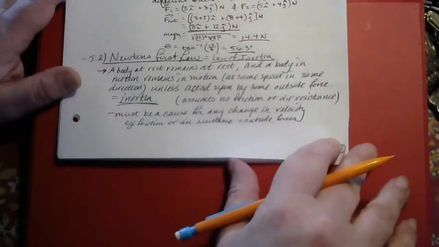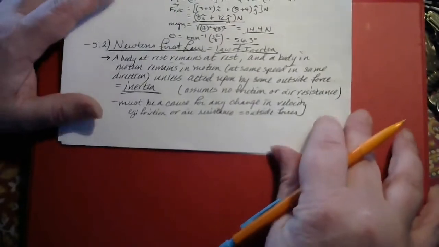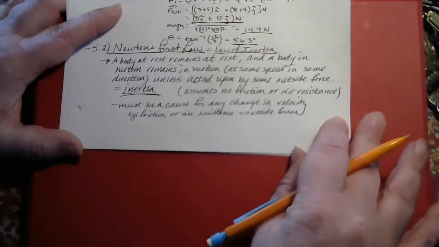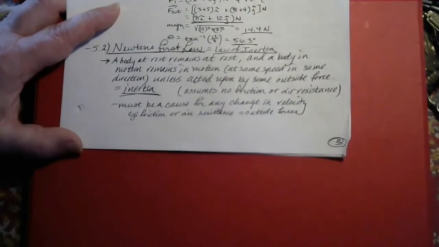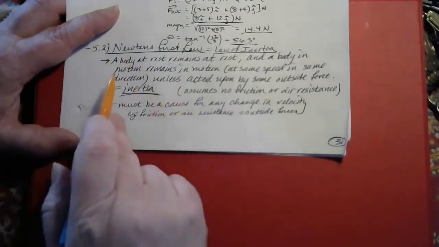And inertia is just that, in terms of motion anyway, things like to stay the way they are. If things are moving, they like to keep moving. And if they're stopped, they like to stay stopped. Of course, that's a very general description, and we'll have to get into a little more detail here.